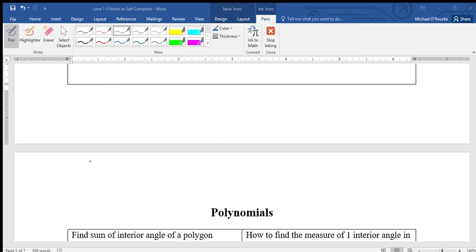So let's find x and y here. All right. So first thing I'm going to do is find this, and I'm going to use a straight line. So that's 180 minus 140, which equals 40. So we know this is 40.